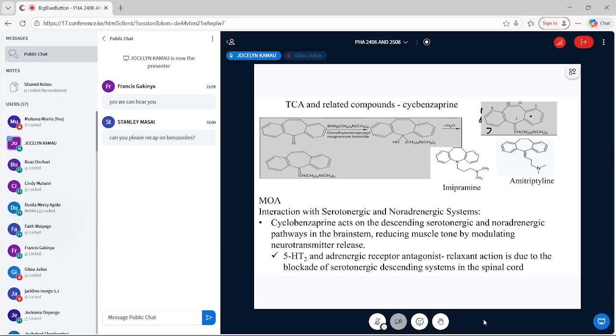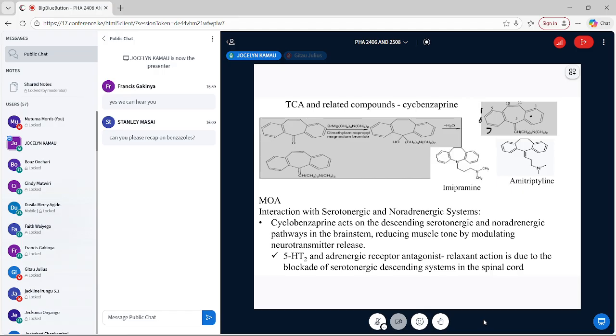One of the compounds with this is amitriptyline. Amitriptyline has a double bond at that position, but it has saturation at positions 10, 11. But when you look at cyclobenzaprine, it has unsaturation at positions 10, 11.